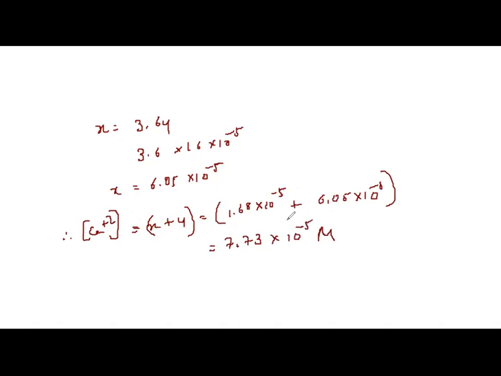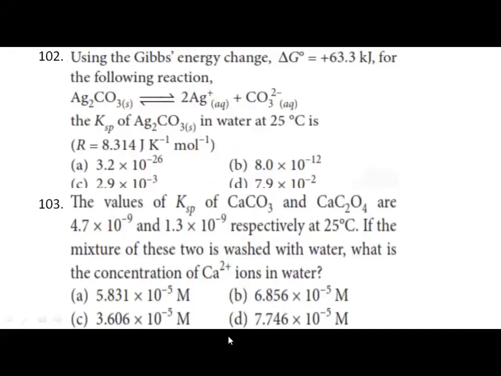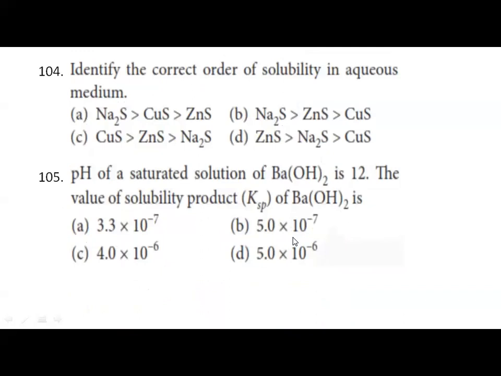Got clear with the question? Yes, very beautifully the question is framed, right? So which is the correct option? The correct option is 7.746 into 10 raised to minus 5. Around we get, yes. So 10 raised to minus 5 is the correct answer.